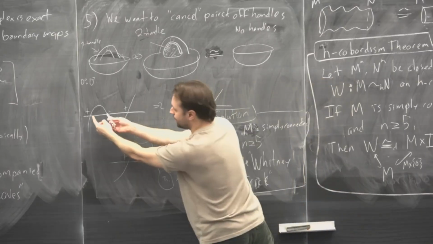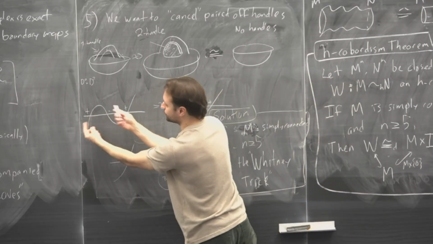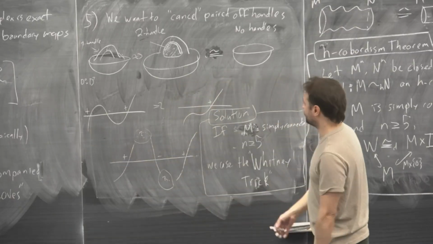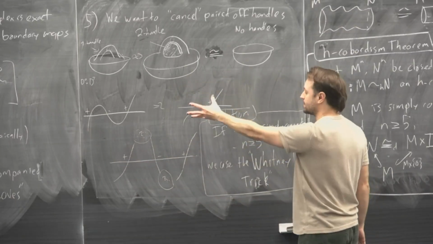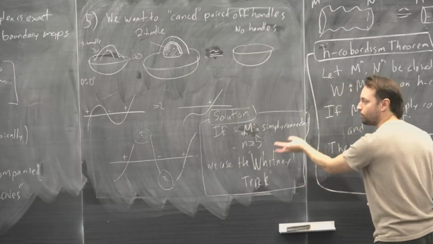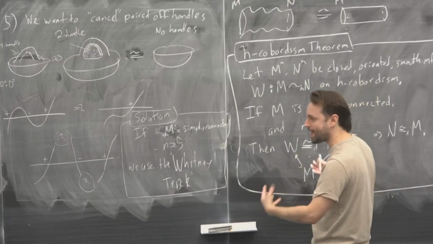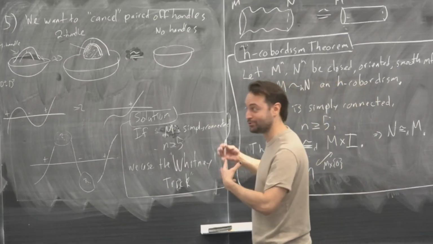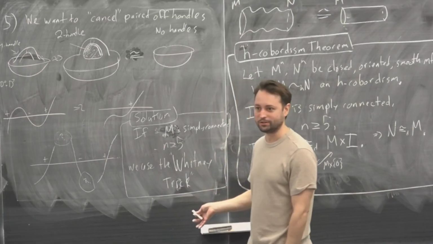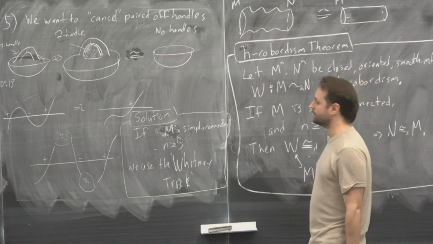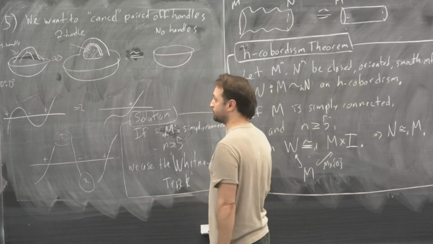I want to cancel off geometrically these algebraically canceling points. Once you can do that, then you can cancel off all of the handles using the Whitney trick. And then once our handle decomposition has no handles, it must be a cylinder, which is nothing happening. So that's the outline.